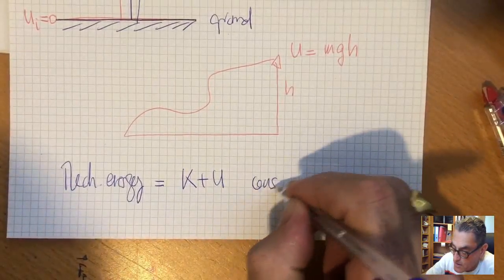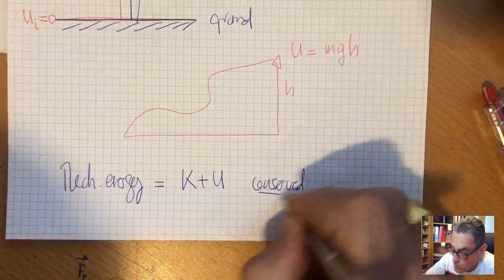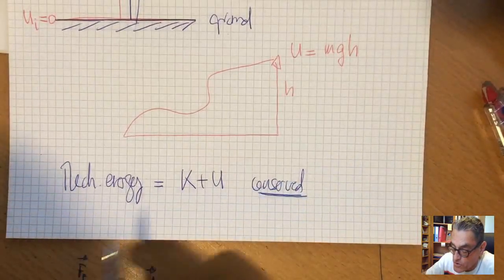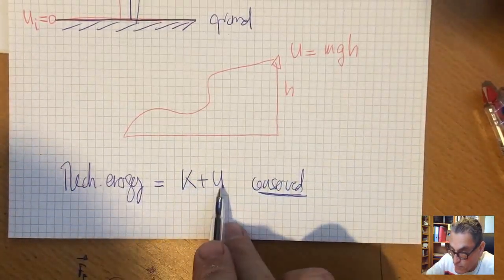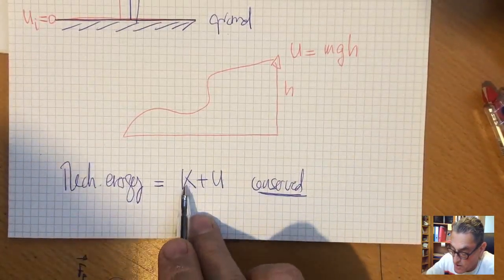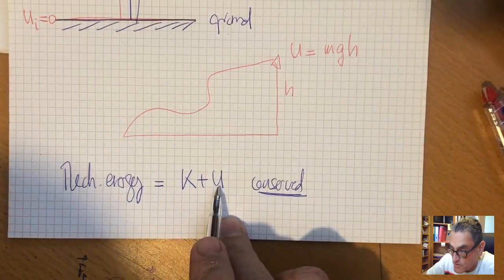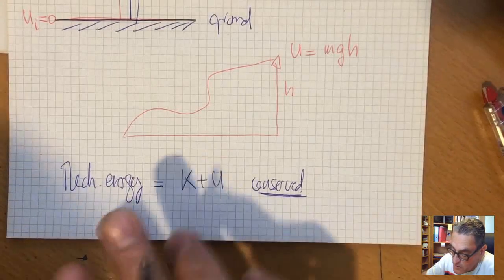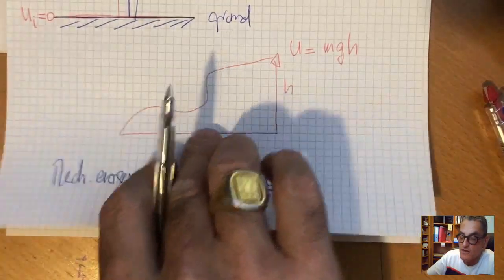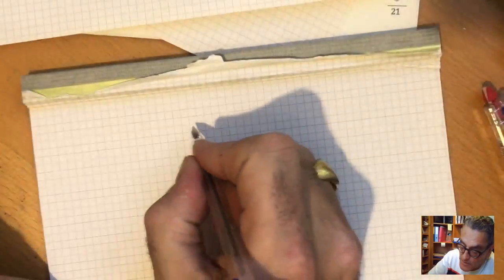This mechanical energy is always conserved, which means if you have a system without friction, the sum of the kinetic energy and the potential energy is always the same. Just a brief example to illustrate that. I will talk about it again in the next class.